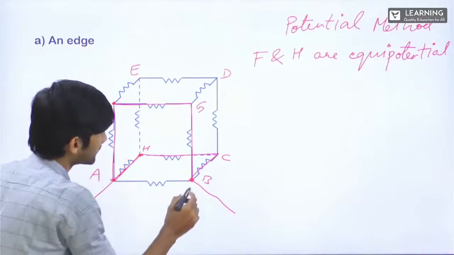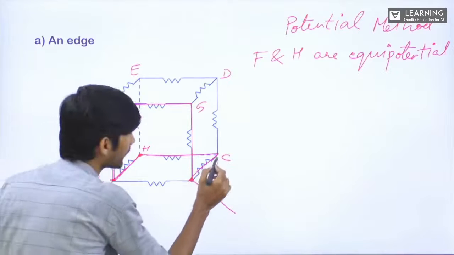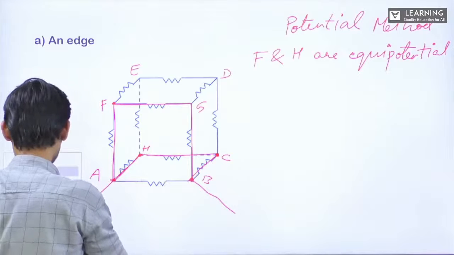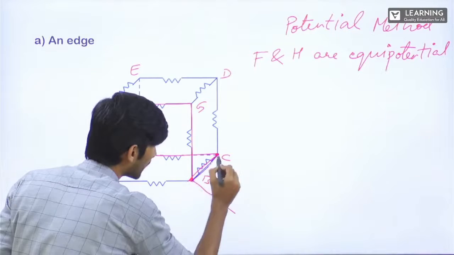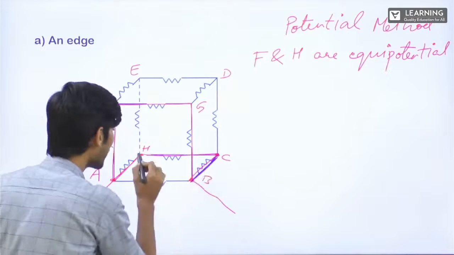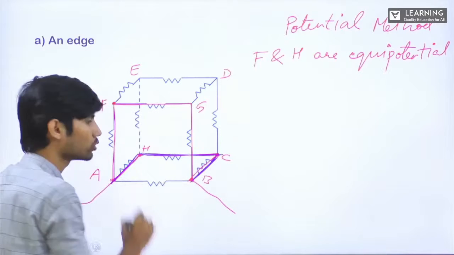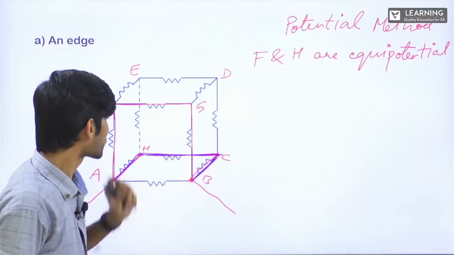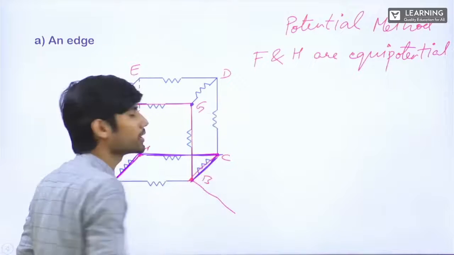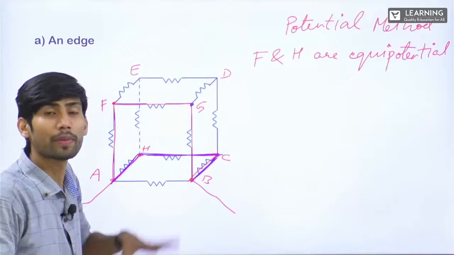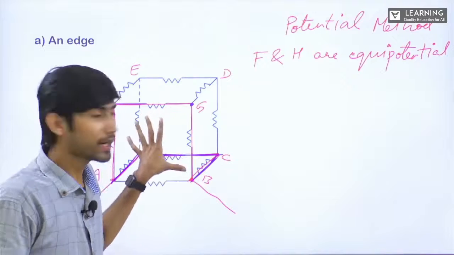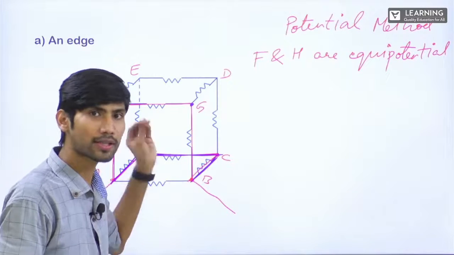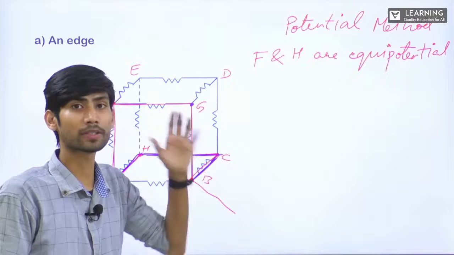Let's go to C. I am standing here. Now from C to B, one path, and from C to A, two roads, two paths. I have to find another, similar point. So if I stand at G, this will come by practice also. You have to make this diagram in your rough notebook, and go stand at every point and see whether these two points are equipotential, these three points are equipotential or not.